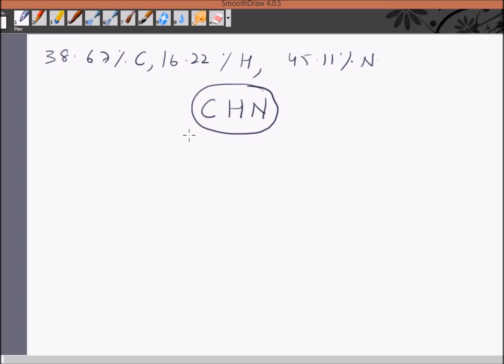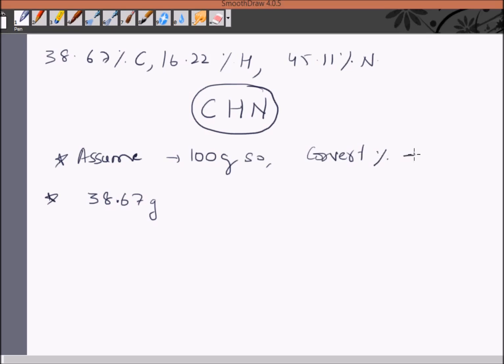We have to find the empirical formula for the particular chemical formula. So first what do we have to do? We have to assume it is 100 grams. So second, what we have to do? We convert percentage to grams.